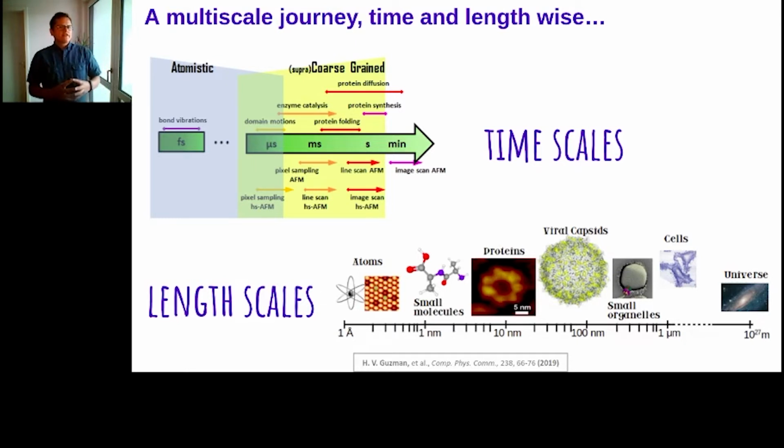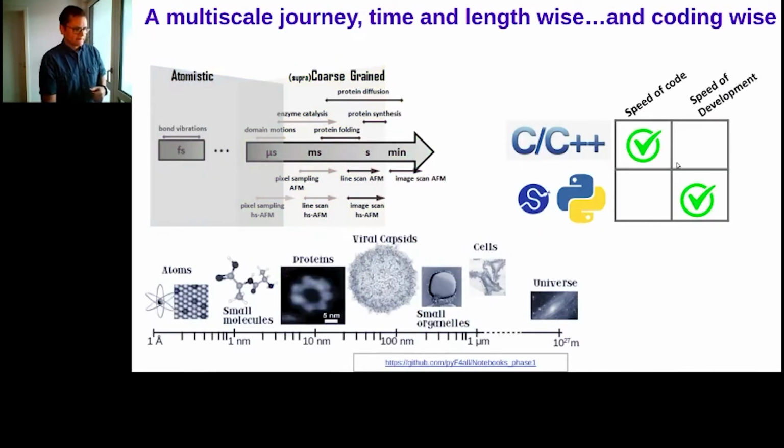And of course, this also means different modeling scales. It could be atomistic, or it could be coarse-grained, and even these supra-coarse-grained schemes. However, you are asking yourself why I am here at the SciPy conference talking about the natural time scales and length scales of those biomolecular structures.